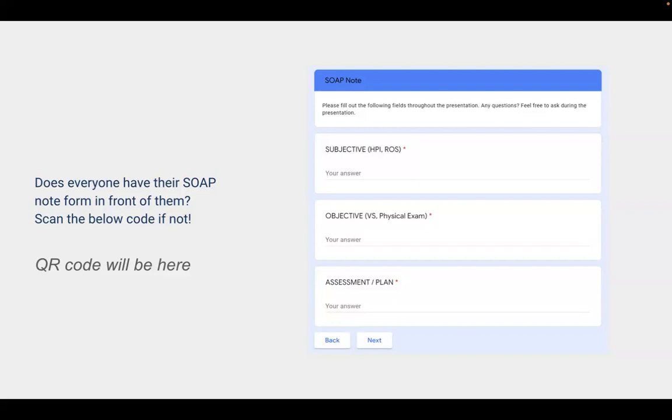Sometimes you'll have patients say, oh, my stomach hurts like crazy, and then you go and press on it and they're not flinching or wincing at all. And so sometimes those things don't line up. And then finally, we get to the assessment and plan. The assessment is where we summarize everything from their story and the data that we've collected. And then, of course, we develop a plan for it.